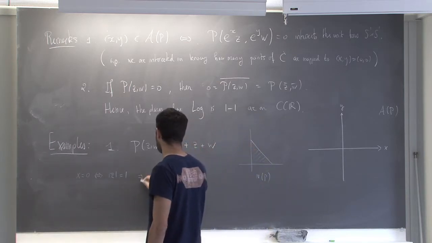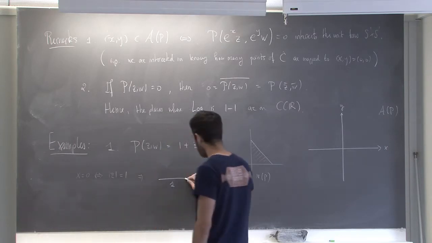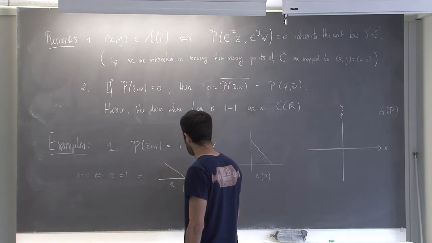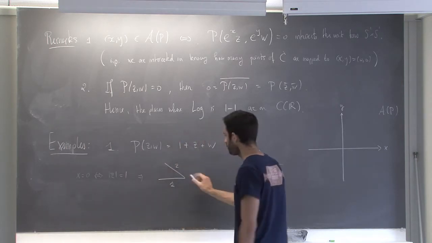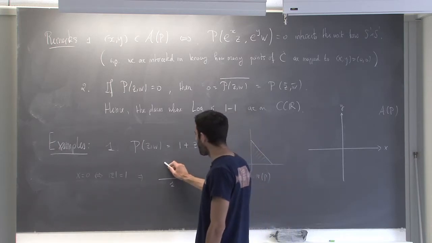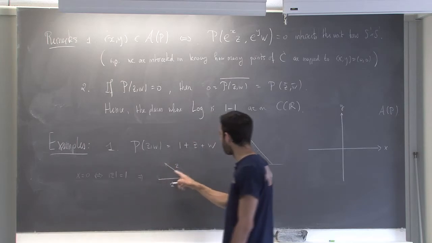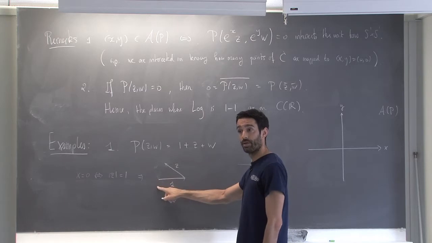So now we have 1. Then I have a z. Then I only know that it has norm 1. And then we want to understand what kind of modulus of w I can realize for closing this triangle.